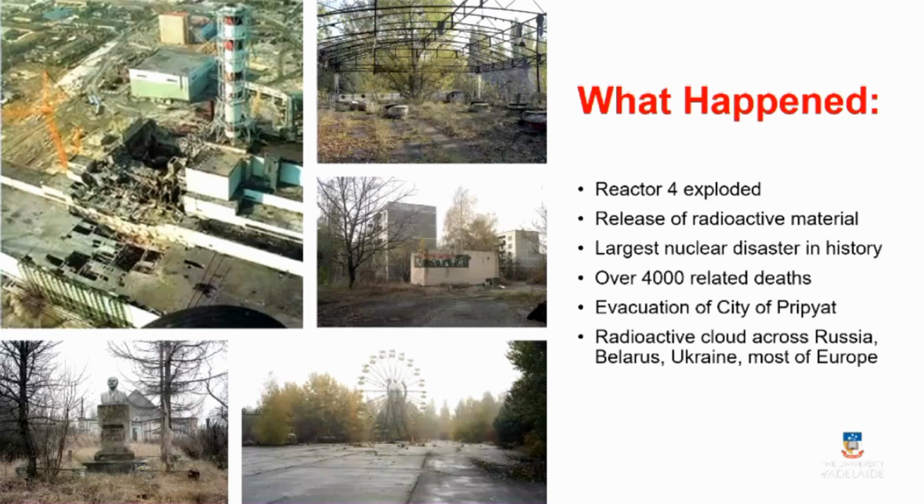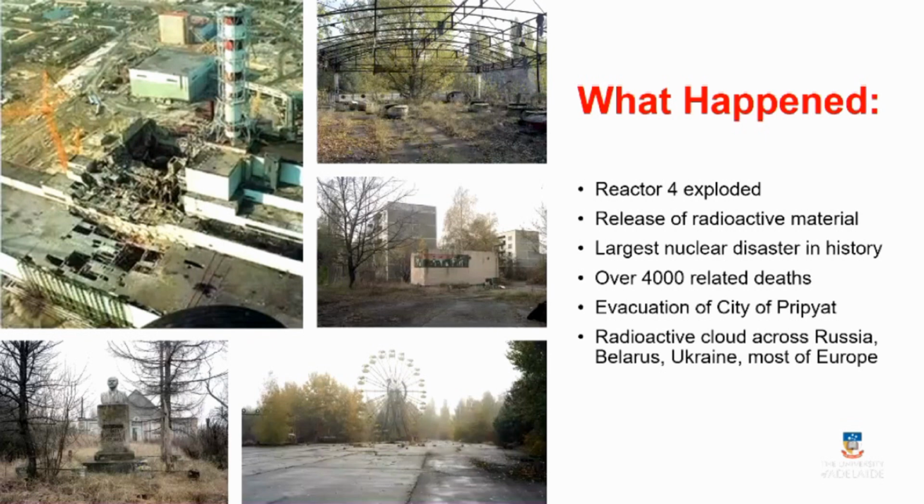Definitely the largest nuclear disaster in history. Over 4,000 related deaths. The evacuation of the Atomograd, as they called it, the satellite city of Pripyat, which was a town built specifically for this burgeoning nuclear power plant with 4 main reactors, and they were going to build another 3 on top of that in the Ukraine.